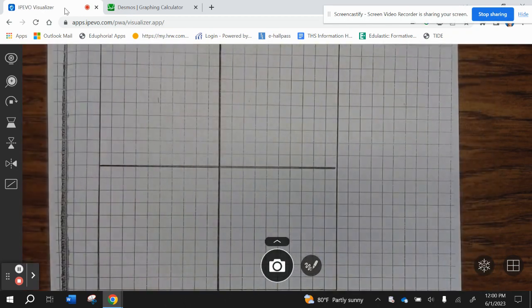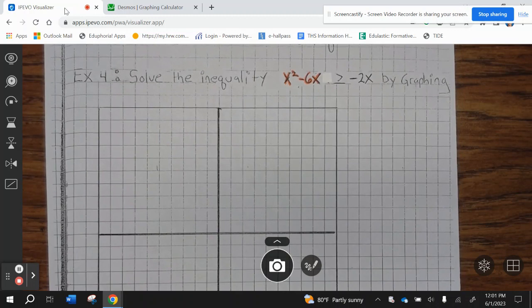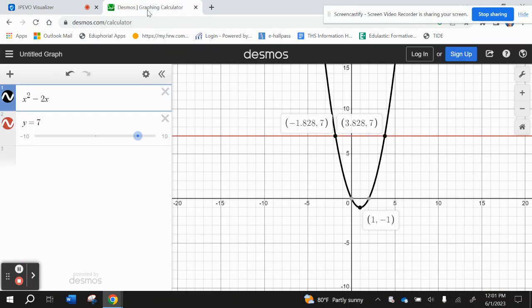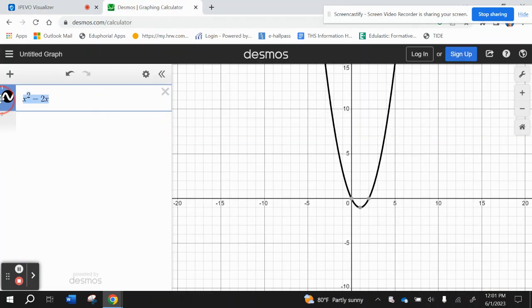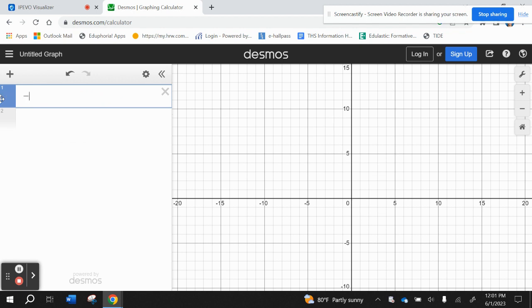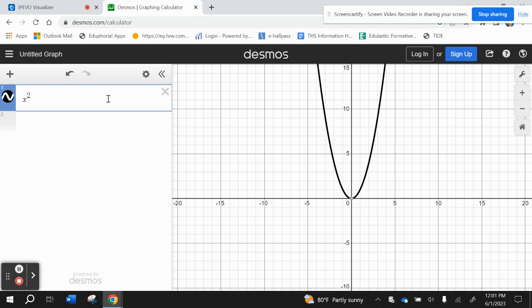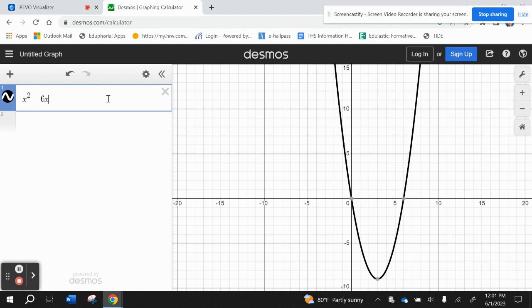All right, take a look at example 4. Now let's go ahead and graph the negative 2x first. Actually, you know what? I think we can just graph them both at the same time. x squared minus 6x and negative 2x.